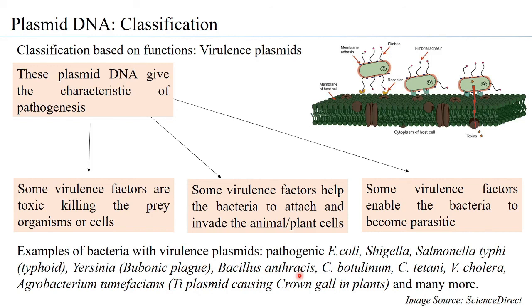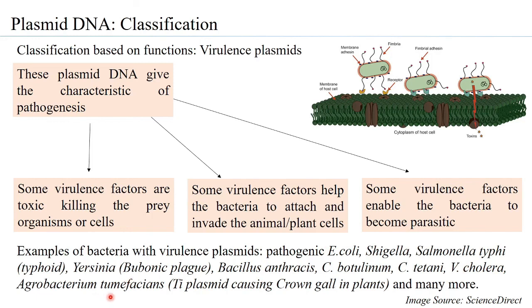Bacillus anthracis that causes anthrax, again thanks to virulence plasmids. Clostridium botulinum, which causes food poisoning, again because of virulence plasmids. Clostridium tetani, which is responsible for tetanus, again because of virulence plasmids. Vibrio cholerae, that can cause cholera, again because of the presence of virulence plasmids.